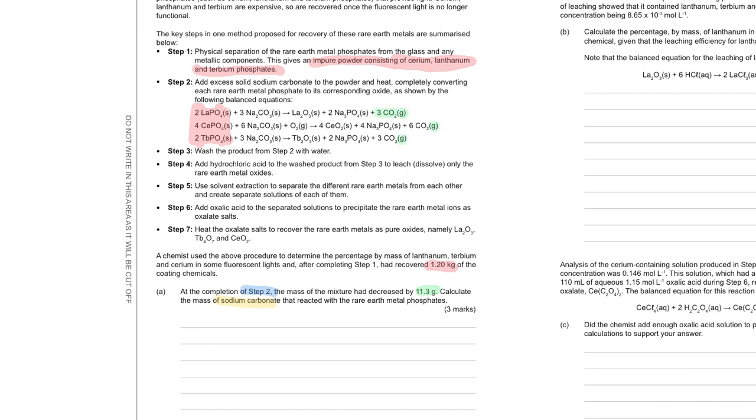So these carbon dioxides are where the mass loss has occurred. What you'll notice is that each of these carbon dioxides shares the same coefficient with the sodium carbonate that produced it. So first of all you can work out the number of moles of carbon dioxide formed from this 11.3 grams of carbon dioxide, which will equal something like 0.257 moles.